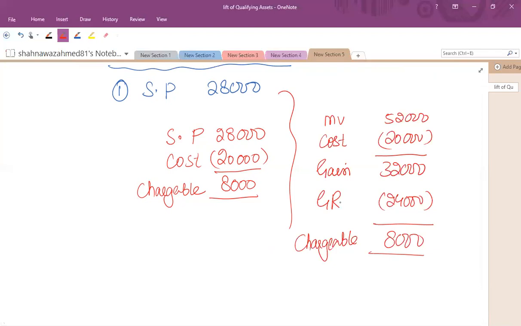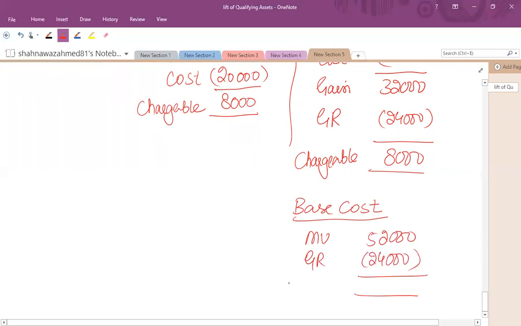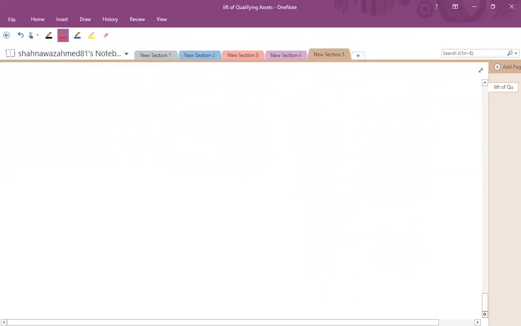So 8,000 is taxable immediately, and for his son the base cost will be market value, that is 52,000 minus gift relief, that is 24,000, and in this way the base cost is 28,000. Now on subsequent disposal the base cost is to be compared with selling price.